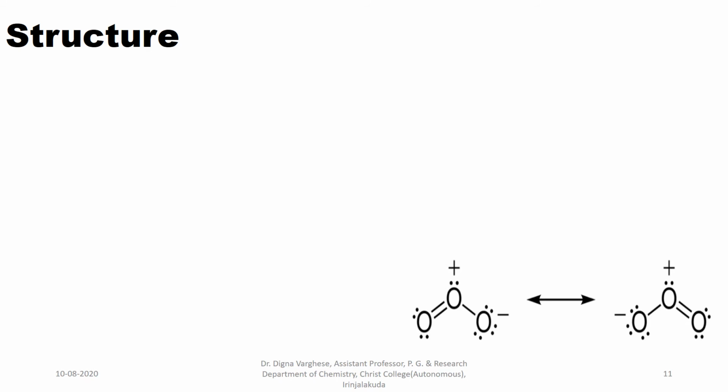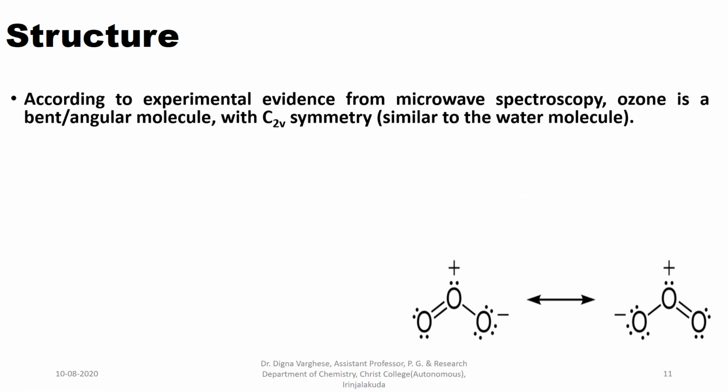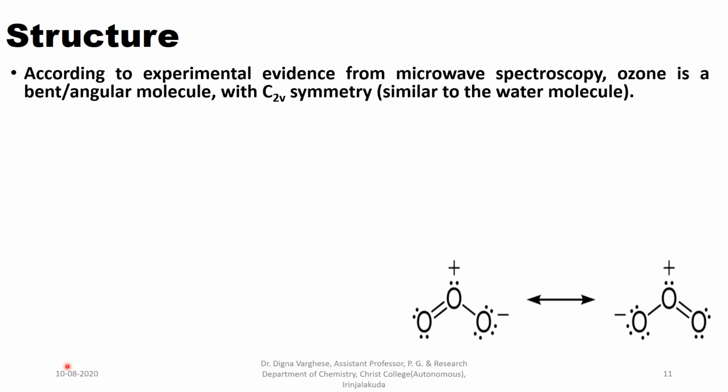And the structure of ozone. According to the experimental evidence from microwave spectroscopy, ozone has a bent or angular molecule. Ozone is a bent or angular molecule with C2v symmetry, similar to the water molecule.